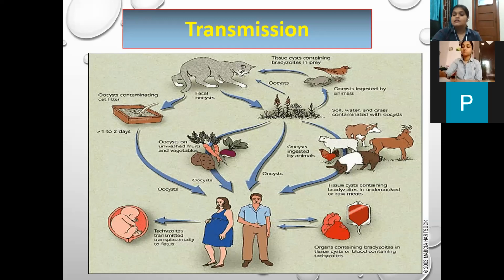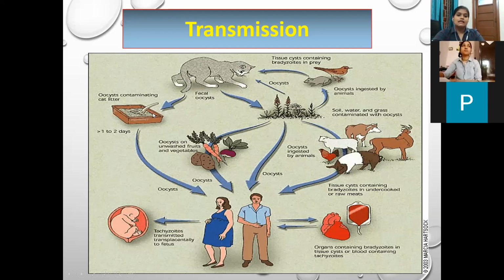That unsporulated oocyst is evacuated through the feces of the cat. That is the infective stage for different animals and also for human beings. So ultimately the fecal oocyst of the cat is the infective stage.